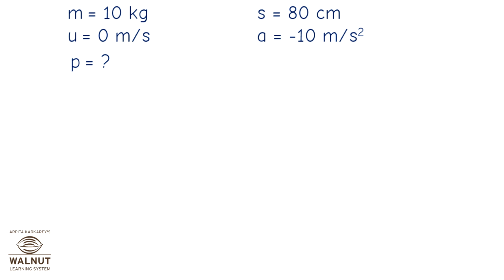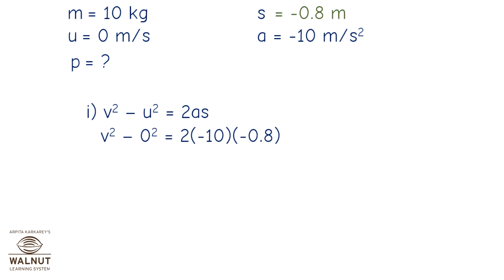M is equal to 10 kg, S is equal to 80 centimeters, U is equal to 0 meters per second, A is equal to minus 10 meters per second square. We have to find P. Check the units and solve. 1. V square minus U square is equal to 2as. Therefore, V square minus 0 square is equal to 2 into minus 10 into minus 0.8.